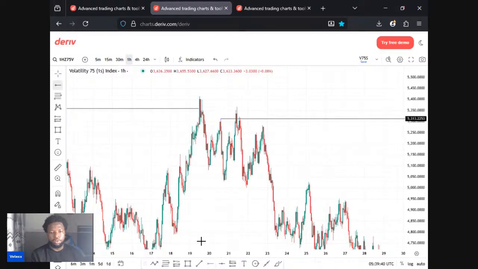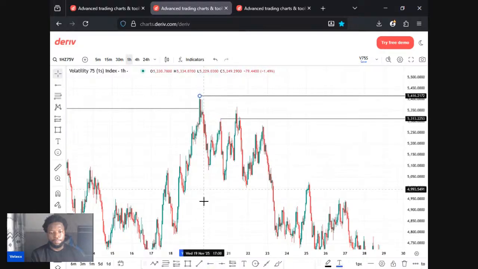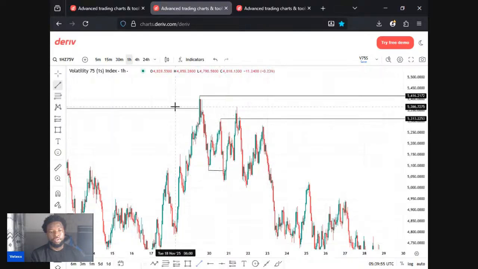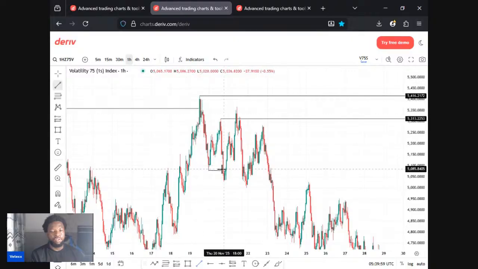So this is our protected high, first break, and then this was our second break. Sorry, this is the first break. Okay, so this is our sweep of liquidity. This is break of structure, and then we had our point of interest here.